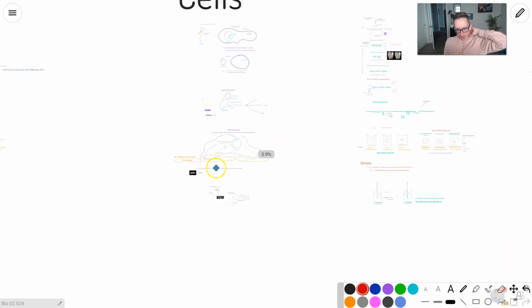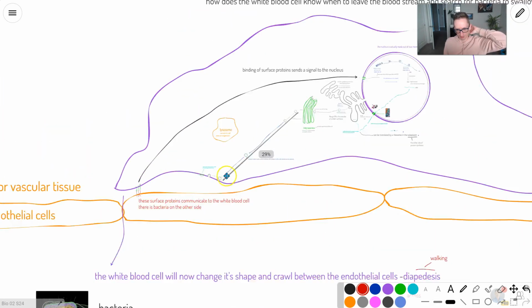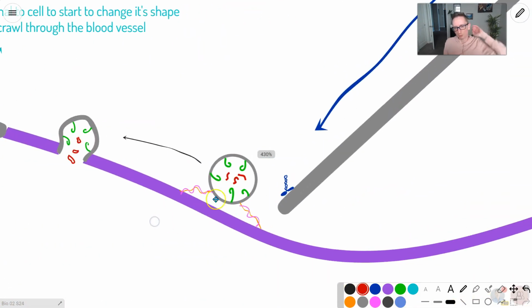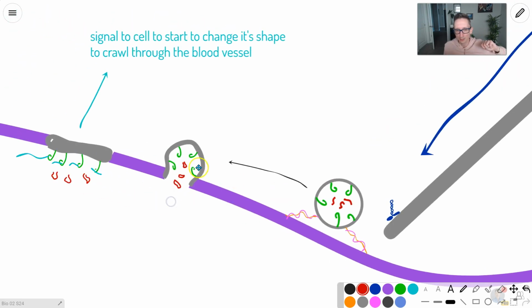Oh man, you remember this? We had these little things called SNAREs that are like bread ties that twist together to take this membrane and fuse it into this one. This is what's happening, and it's dumping out these proteins.